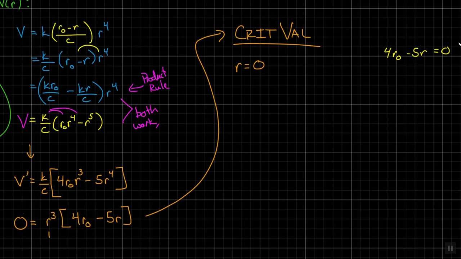But if you can't, it's totally fine, right? Help me solve this for r. What do you guys do first? I'm going to move the 5r to the other side. 4r naught equals 5r. Therefore, I think we can probably all see it now. What's r? 4r naught over 5.